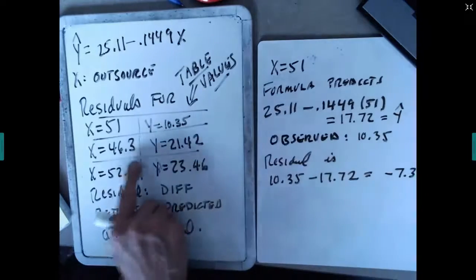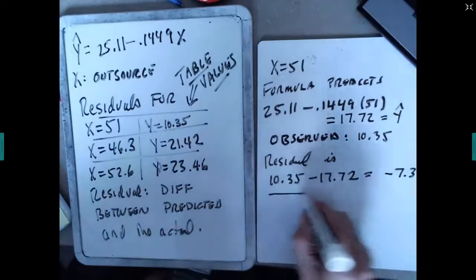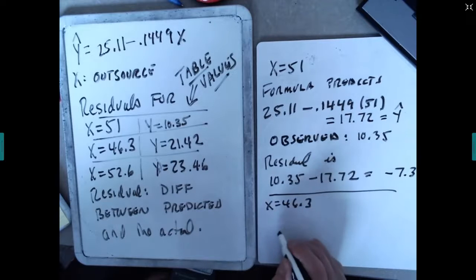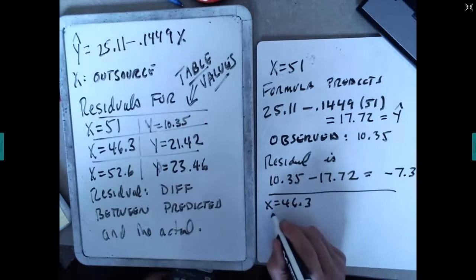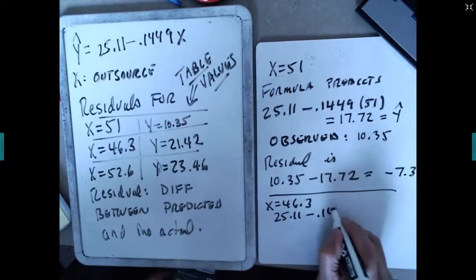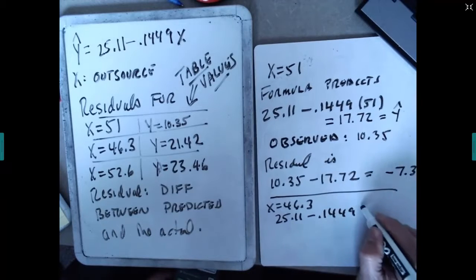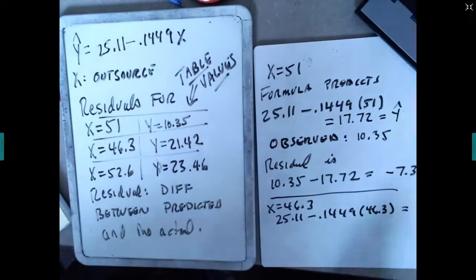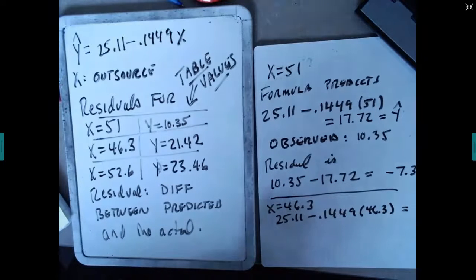Now let's do this one here, 46.3. The formula predicts 25.11 minus 0.1449 times your input, so 25.11 minus 0.1449 times 46.3.